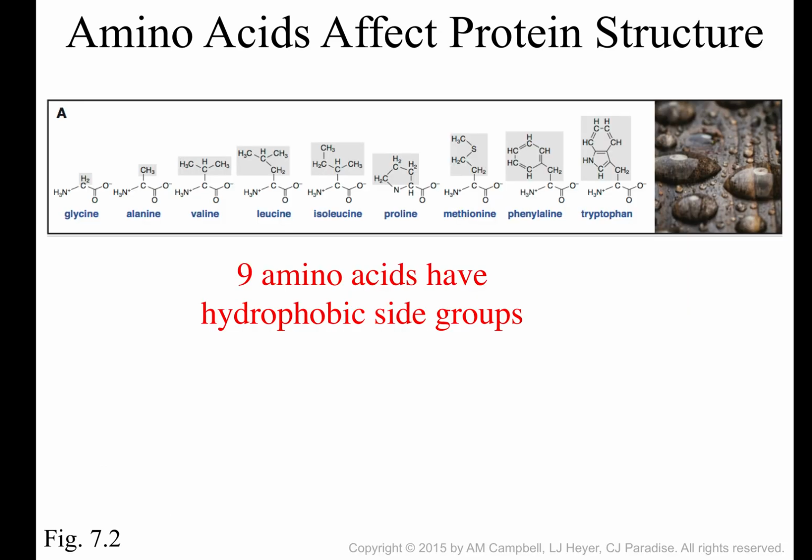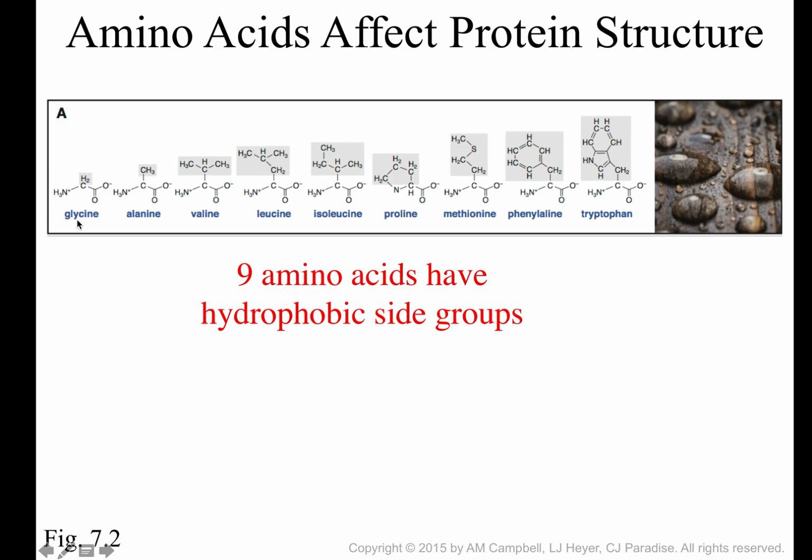Okay. So how is it that a protein comes to fold into a particular shape? It all depends on the order of those amino acids and the property of their side groups. So the side groups here are called the R group sometimes, and they are indicated in this gray box in each of these. And they're characterized by how much they like or don't like water, and also some other properties.